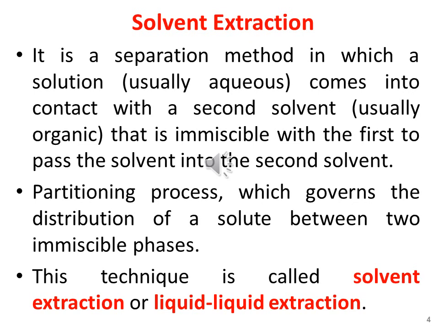One of these solvents contains the solute. This solute is distributed then in between the two immiscible phases. The distribution of the solute between the two phases, the one is the aqueous and the other is the organic, is governed by the distribution law or the partition process. This technique is called the solvent extraction or the liquid extraction.